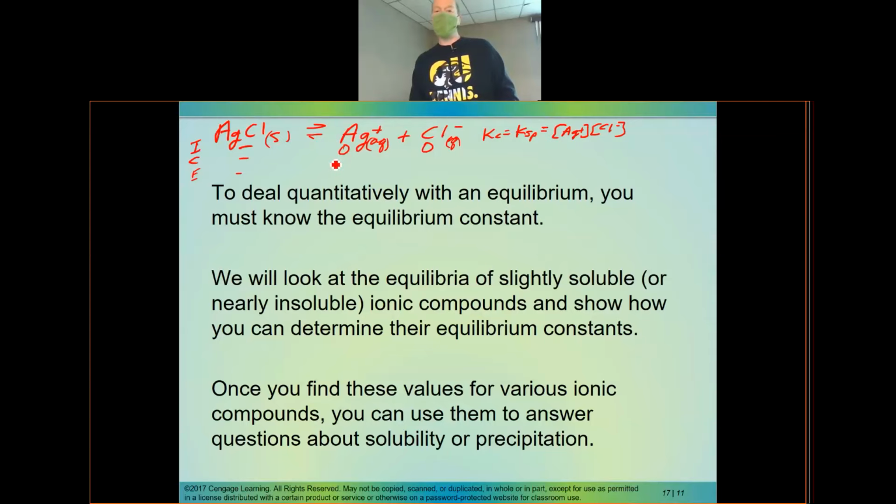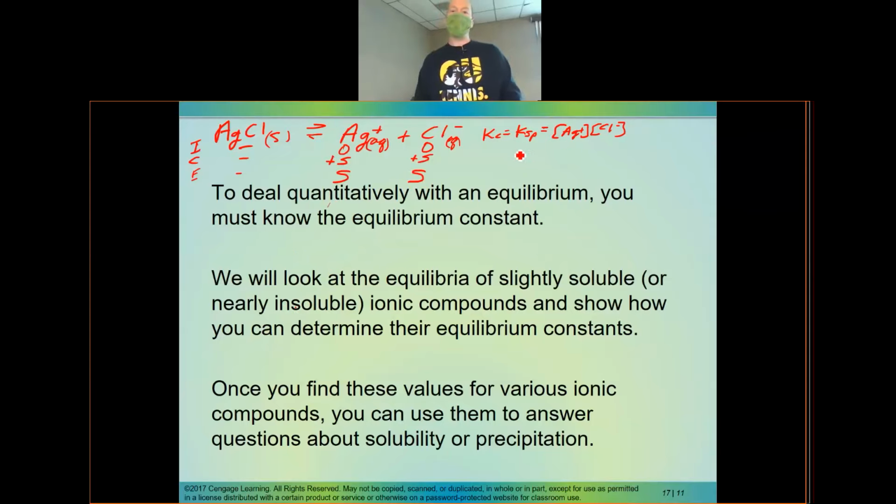So instead of X, whenever you have an insoluble salt, I call it a plus S. If you want to keep calling it plus X, I don't care. I am going to call it plus S. You can use any letter you want. So at equilibrium, I have S amount of Ag plus and S amount of Cl minus.